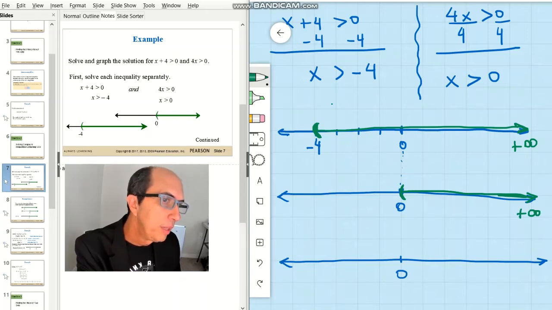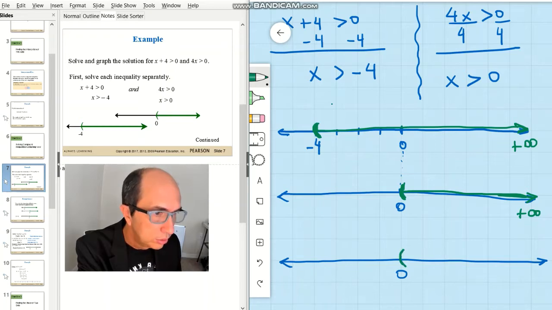Does 0 belong to both? Actually, 0 is not included in either set. The parenthesis means 0 is not included in the second set, so it is not included in our intersection either.